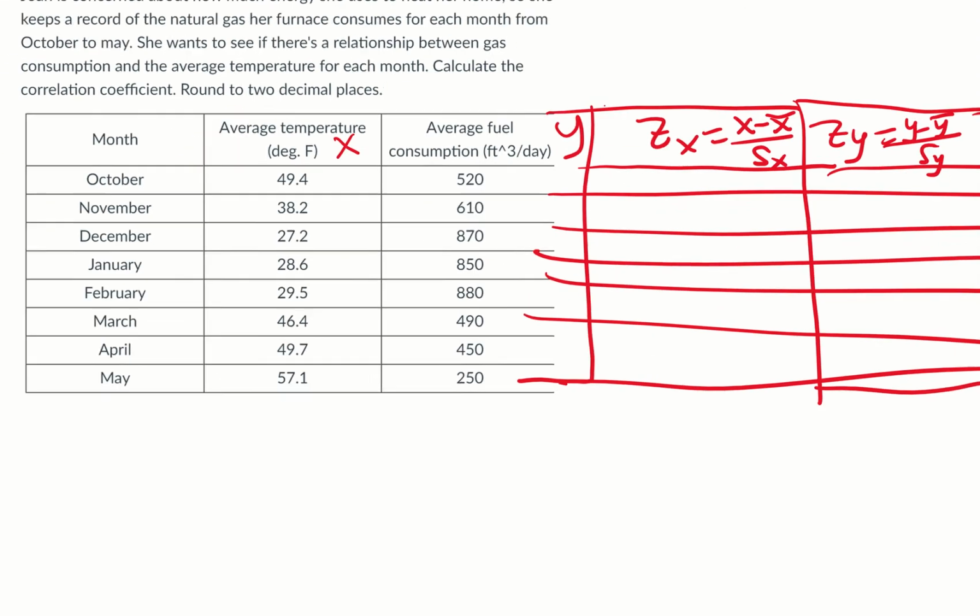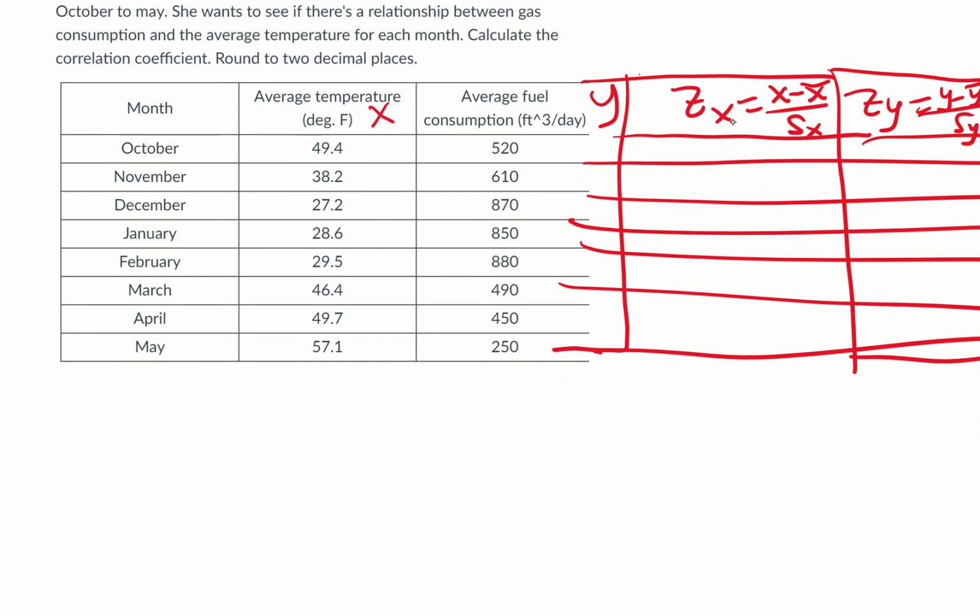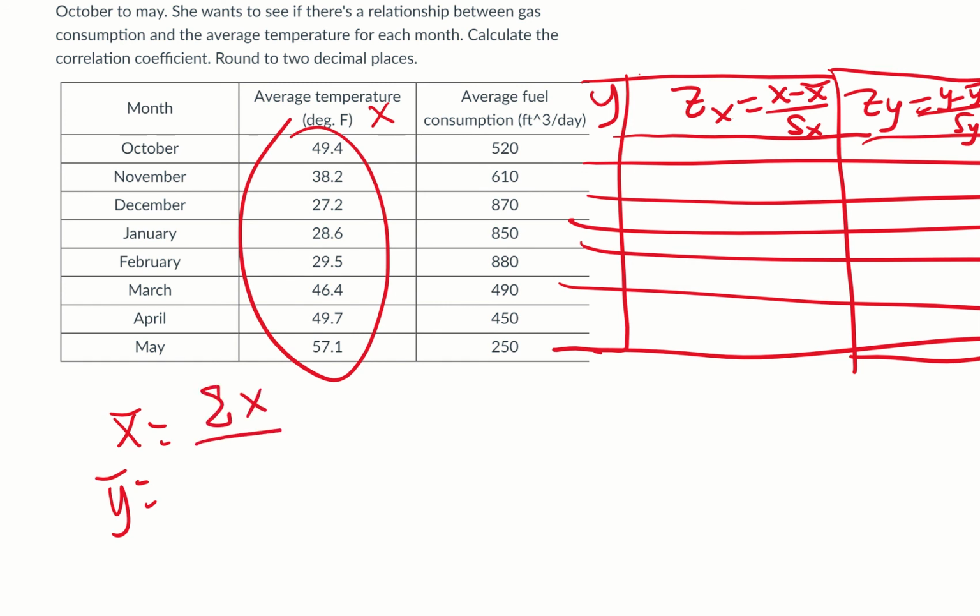So first off, you need to calculate your X bar and your Y bar. You're going to have to add up all of these, which is what we do here. We add up that total and divide by N. N is how many months we have: 1, 2, 3, 4, 5, 6, 7, 8 months. So that's going to be divided by 8.